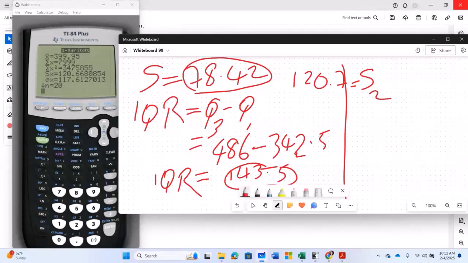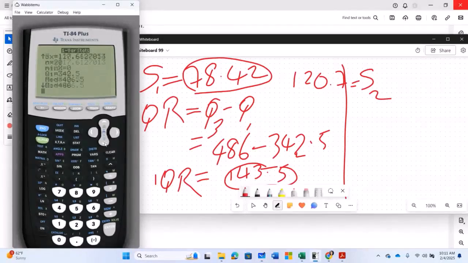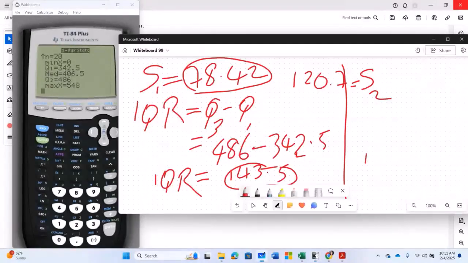Standard deviation 2, standard deviation 1. Well, let's go down and see what the interquartile range is. 486 minus 342.5. It's going to be the same thing. So the interquartile range is 143.5. IQR actually did not change.